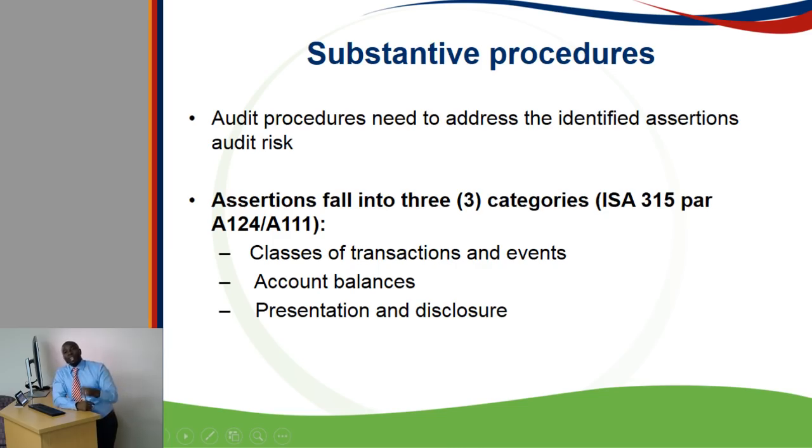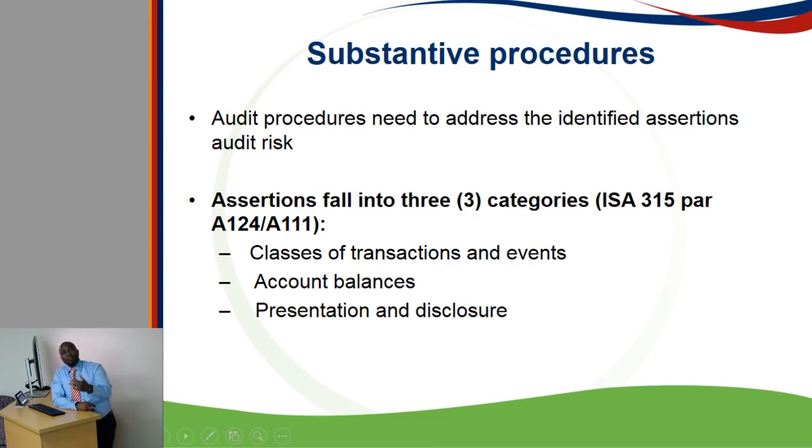So management is telling me that all the sales that are supposed to be recorded in that amount are recorded. So that amount is complete. So all the sales which fall into this year, which are supposed to be included in that 1 million, are included. What management is telling you is that the debits are correctly debited, the credits are correctly credited. So for example, the sale is correctly credited and the debtors are correctly debited. So classification.